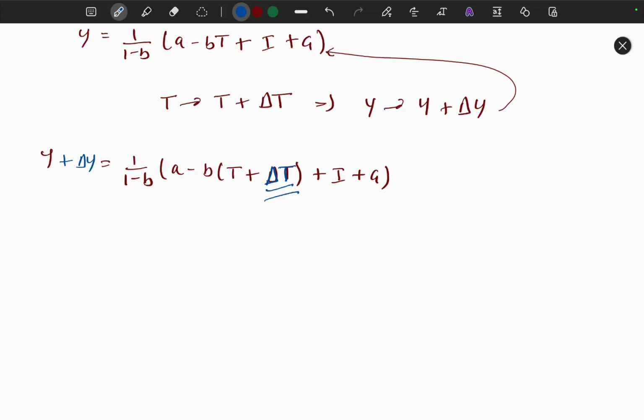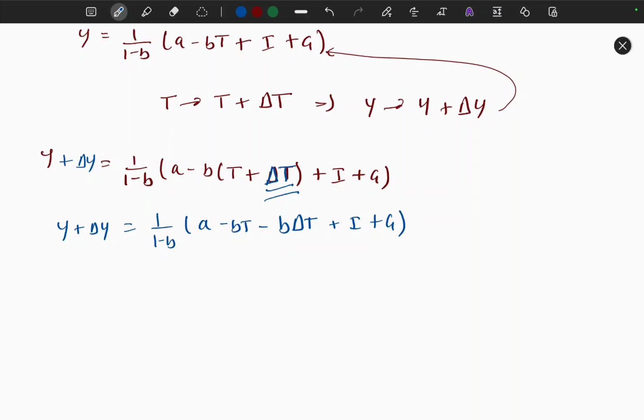Let me rearrange this equation: y plus delta y equals 1 over 1 minus b times a minus bt minus b delta t, plus I plus g. Sorry, not plus, I'm making silly mistakes here, this is going to be minus.